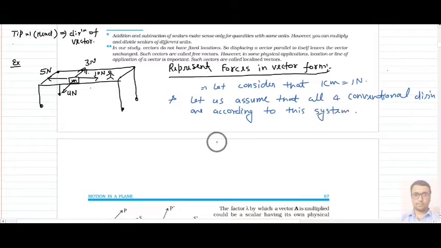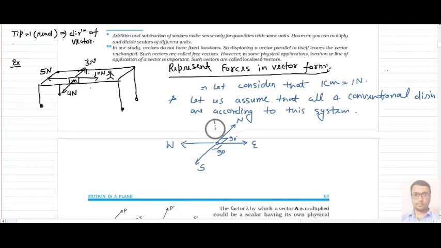It means we will consider that the right side direction is east and the left side direction is west. Similarly, this direction is north and this direction is south. Remember, this angle is 90 degrees and all four directions are in the horizontal plane.